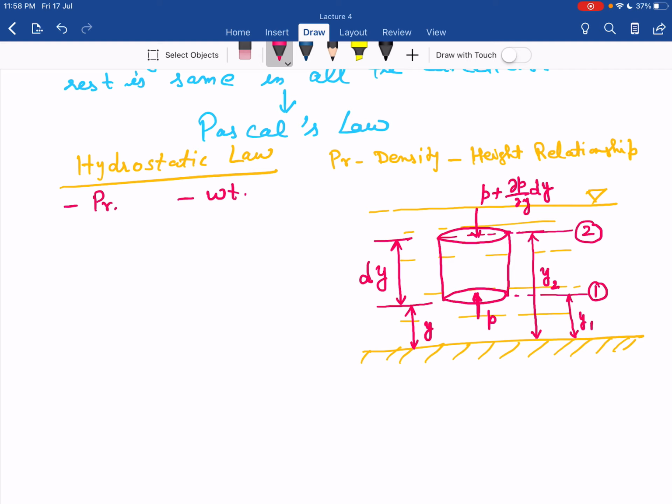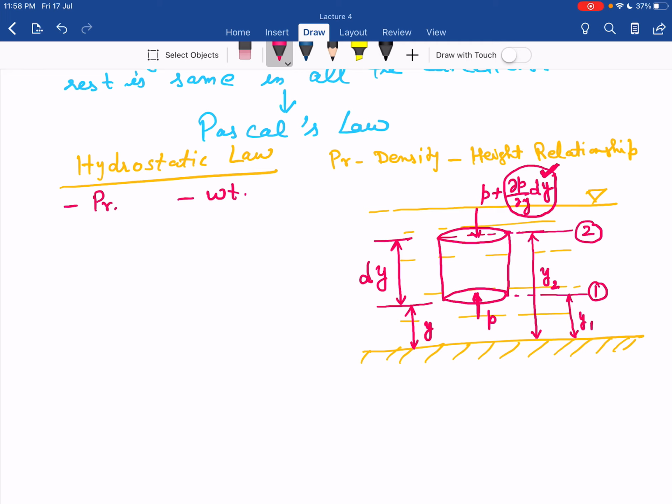The meaning of this is that there is a small increment in P with respect to direction y, which we write mathematically as ∂P/∂y into dy.